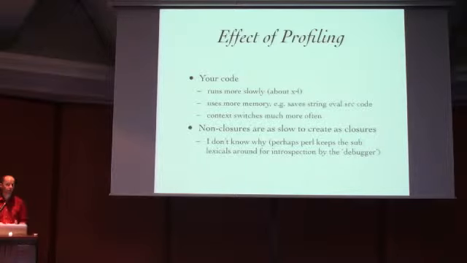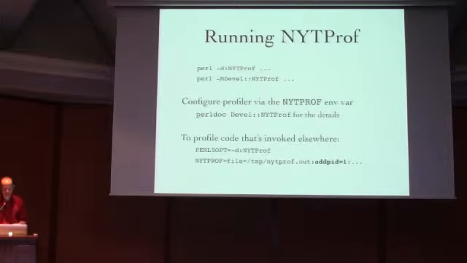It's the fastest of the available profilers. All the other profilers make your code run a lot slower when profiling. Naturally, it uses a little more memory, but not too much. And also the process will context switch more often. There's an odd effect that non-closures are as slow to create as closures. I don't know what's going on there, but I don't think it's significant for the measuring.